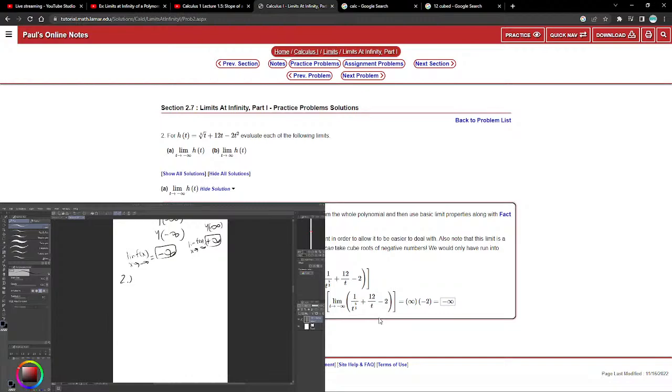So you don't care about those. Negative 2 is all that really is left. So you're left with negative infinity. Okay. The other way is definitely easier.